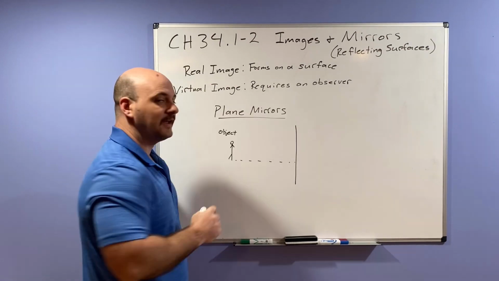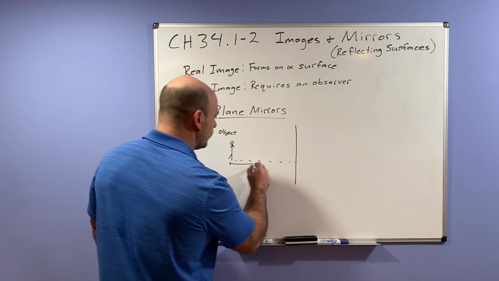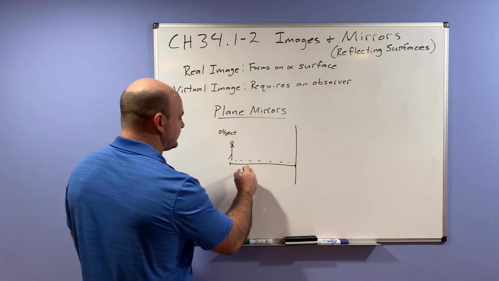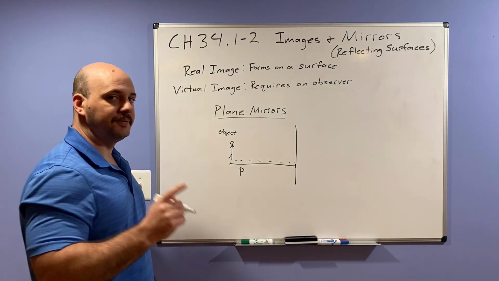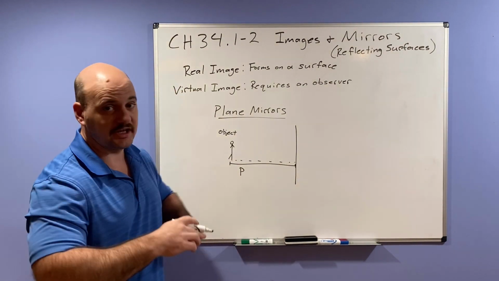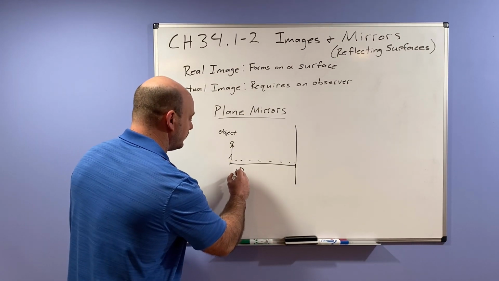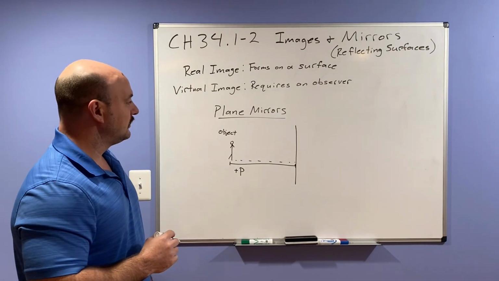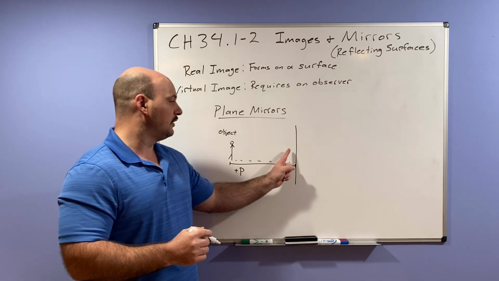Here's your object. The distance from the object to the mirror is called our object distance, and it is given by the symbol p. For a plane mirror, actually in all cases, the object distance is always positive. Now, for plane mirrors, there is an image that's formed beyond the mirror.